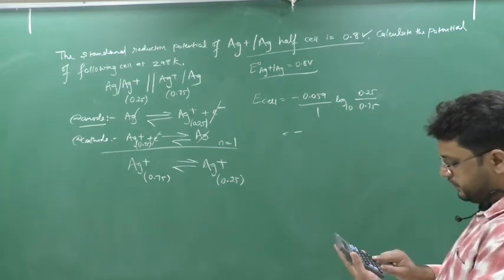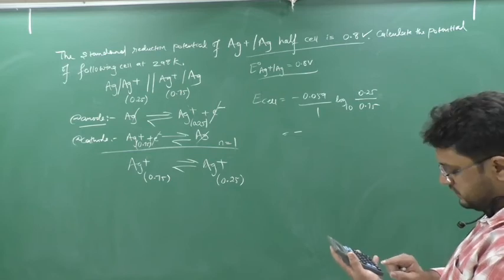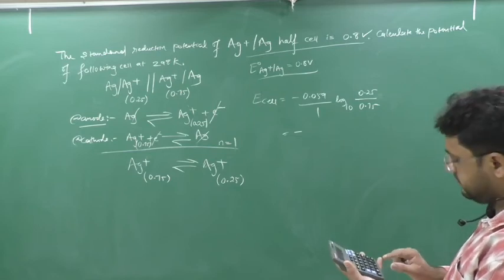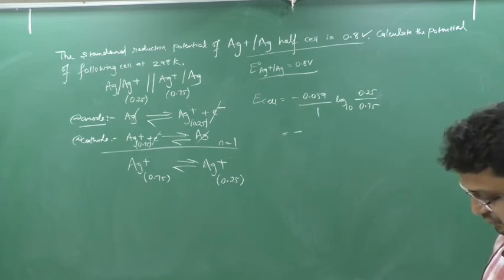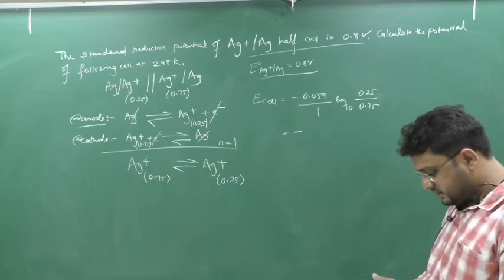0.25 divided by 0.75, log means 15 times roots.